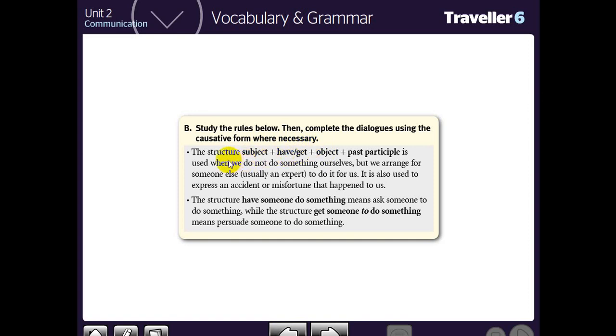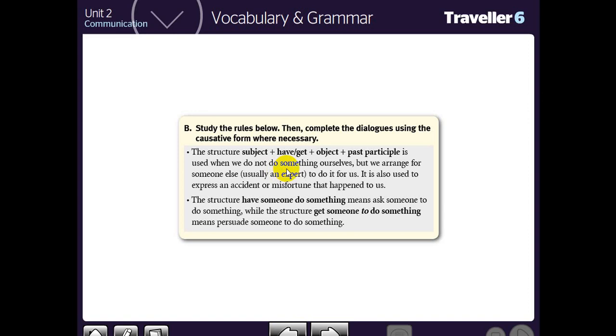I use the structure of the causative when we don't do something ourselves, but we arrange for someone else to do it for us. For example, when you say, I will cut my hair, it's you who will cut your hair. But if you say, I will have my hair cut, it means that someone else, in this case the barber, will cut your hair.